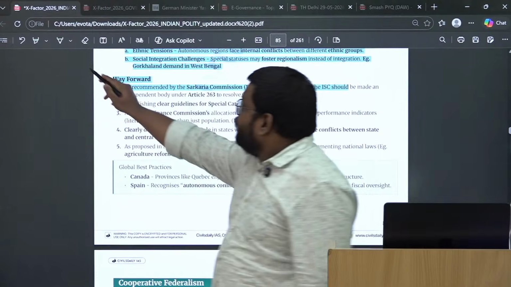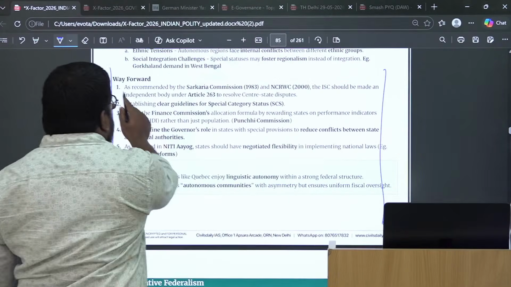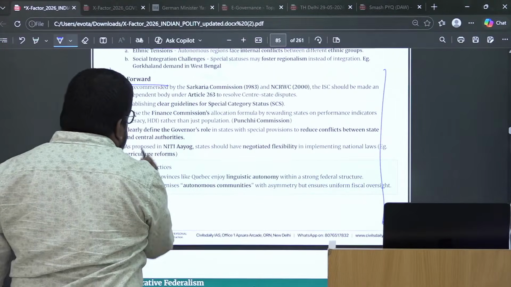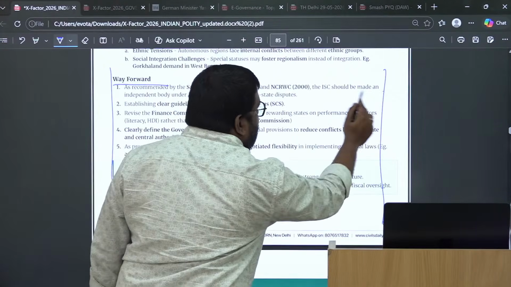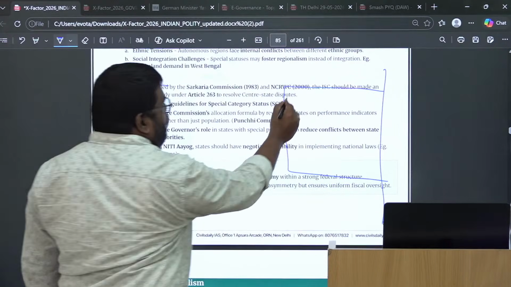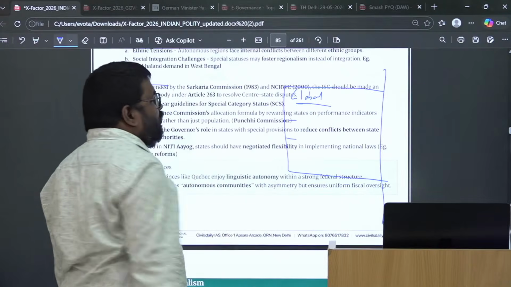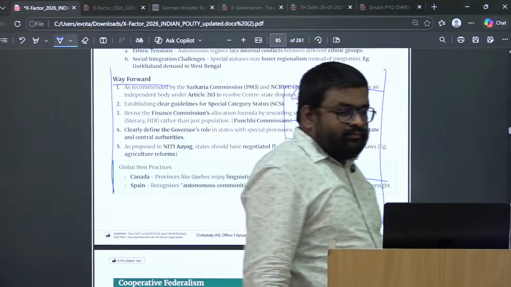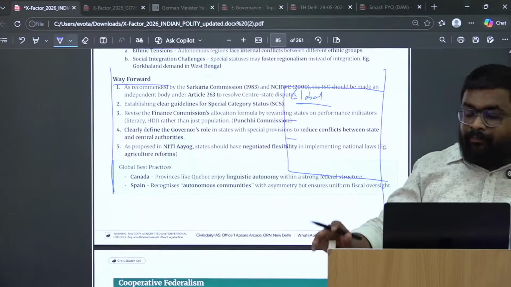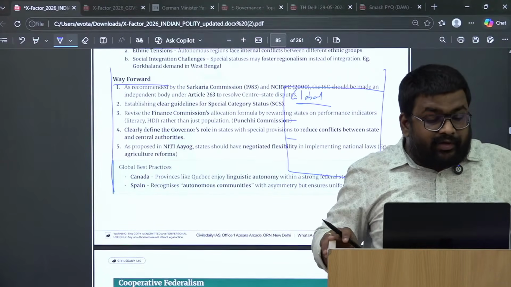So suppose if this is your margin of the paper and you are giving way forward here, rather than giving these best practices as 0.6, 0.7, you make the table box here, a small box, and give global best practice as heading, and under it write 1 or 2. That will increase your presentation, that will increase your visibility of the key points.